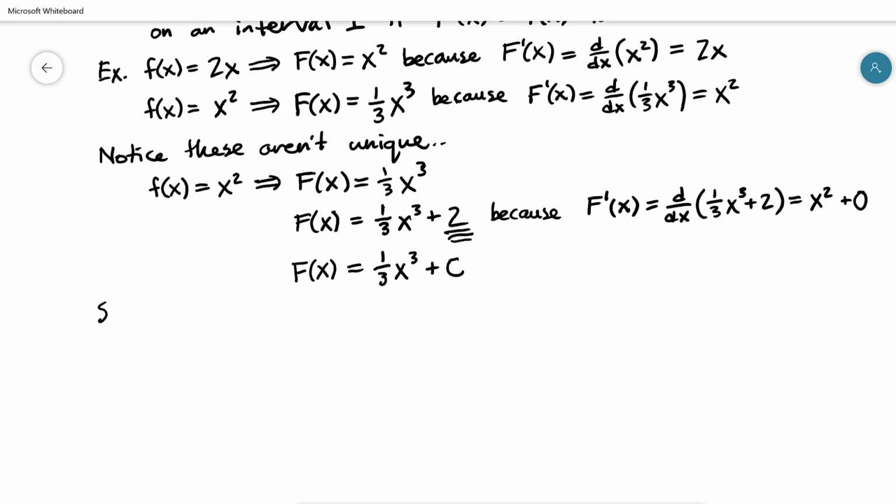So the idea is the following. If F is an antiderivative of lowercase f, so is F plus c, where c is any constant.